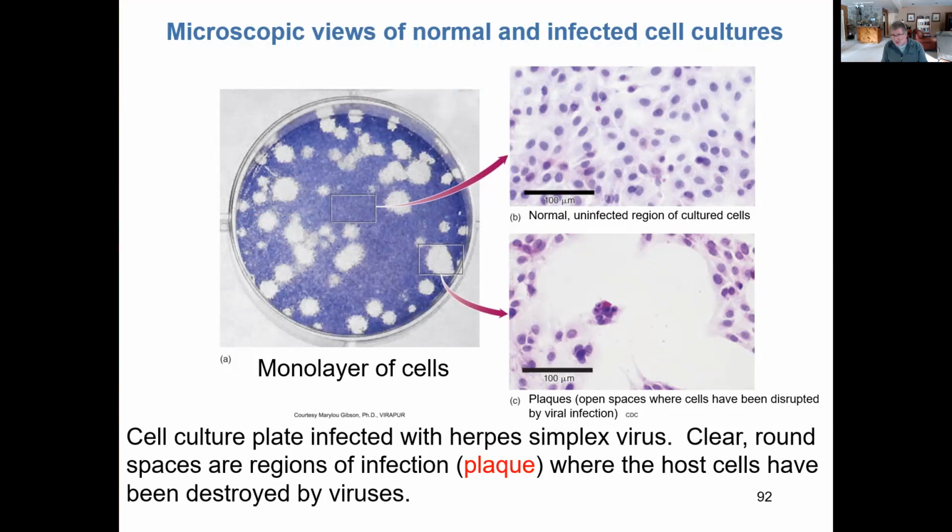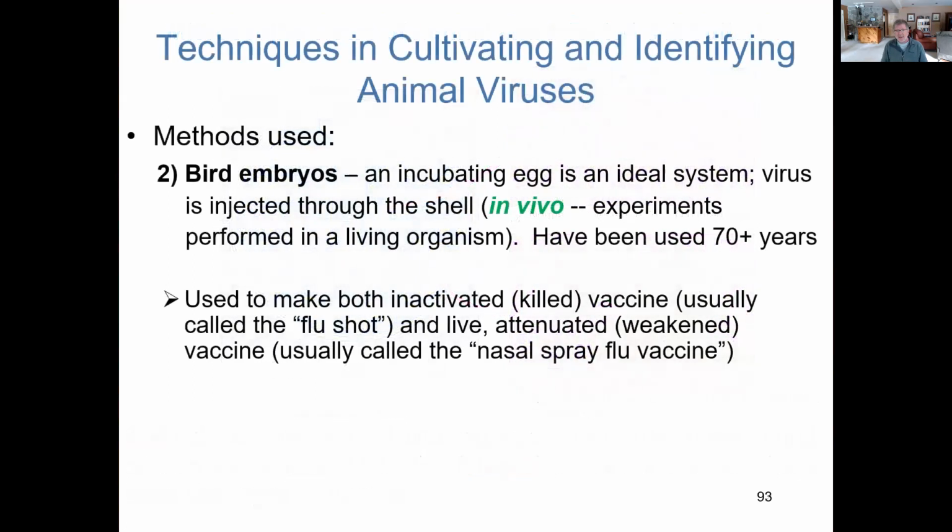We can also grow the viruses. We can cultivate them once we've identified them and use them to our advantage in the manufacture of certain types of vaccines. This second method is the one that has been around the longest, and it involves the utilization of eggs to initially inoculate with virus and then to study what effect the virus has on the embryonic tissues that develop within the egg.